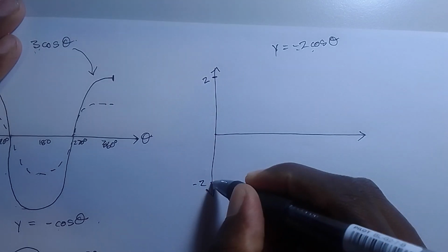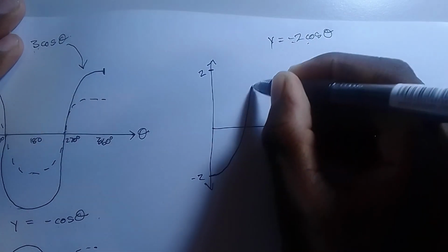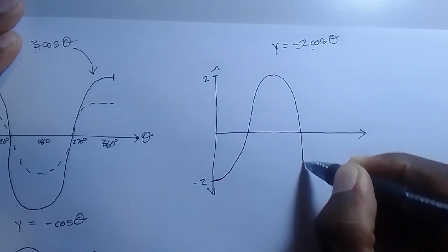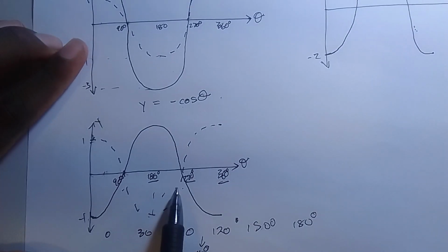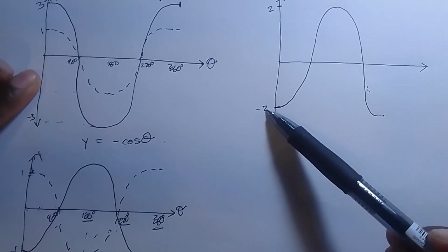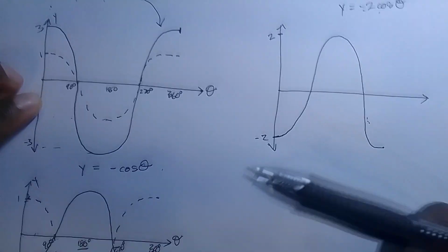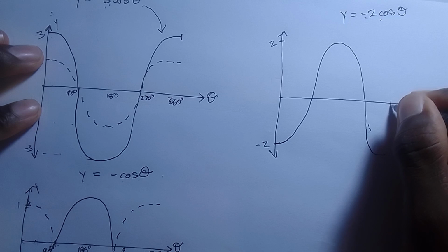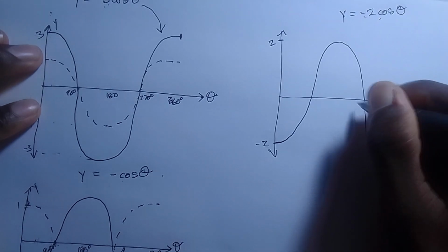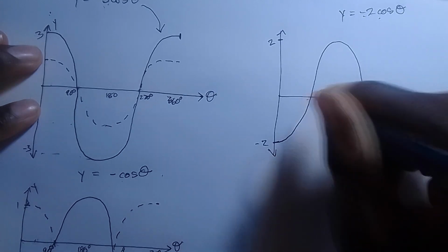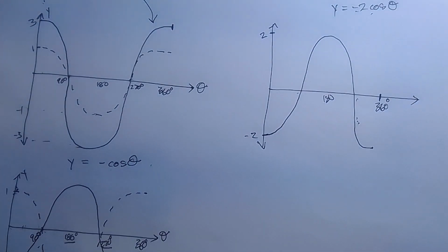So it's going to be something like this, right? It's going to be shaped like this one, but it's going to start at -2 and end at 2. Same period, 360, 180, and the others.